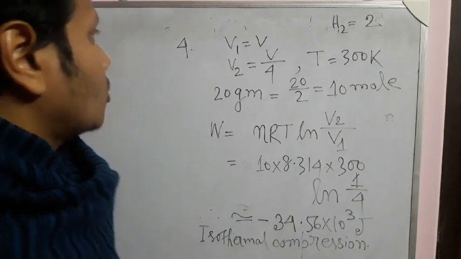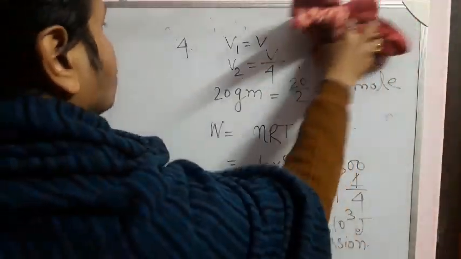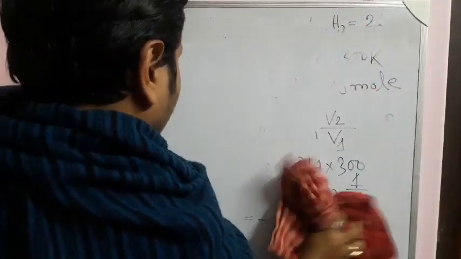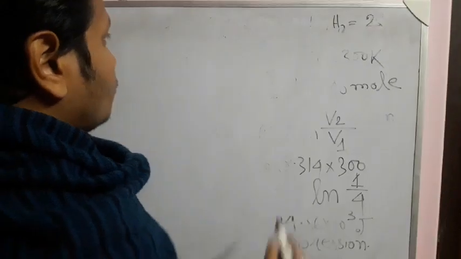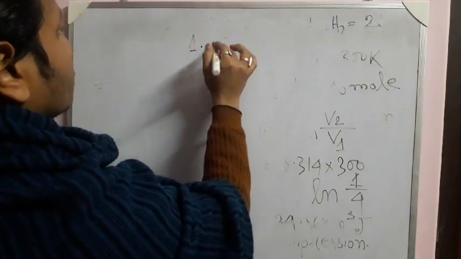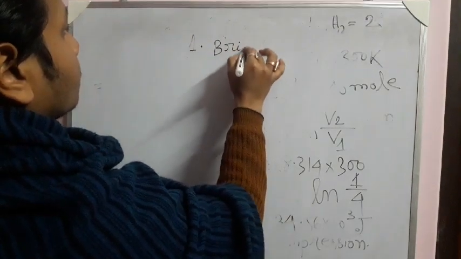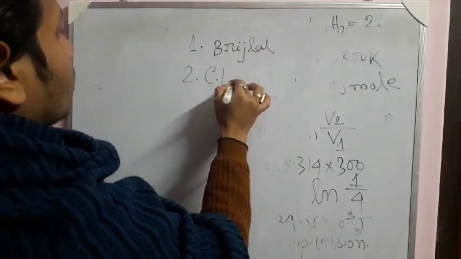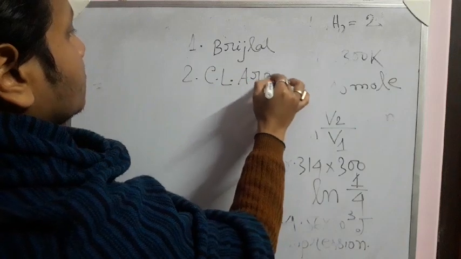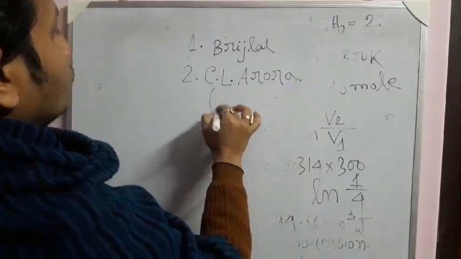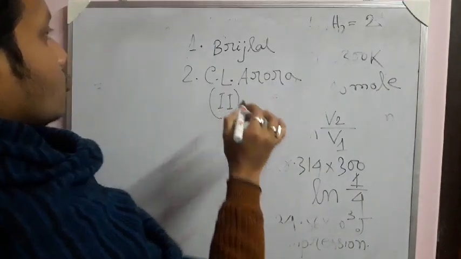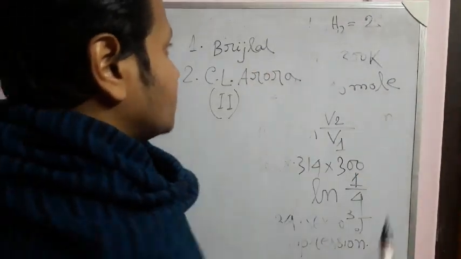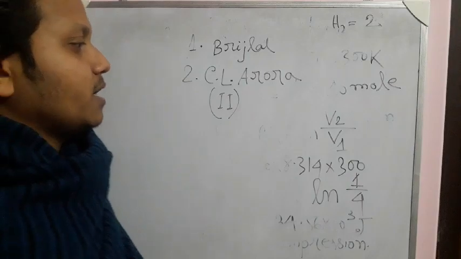Okay, so for numericals you follow these books, Brijlal, or you can follow C.L. Arora, volume 2. You can get many numericals in these books and you have to practice them to make your concept clear.